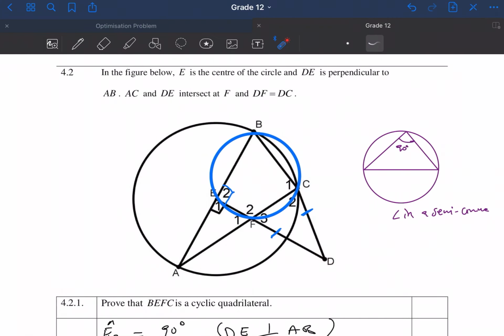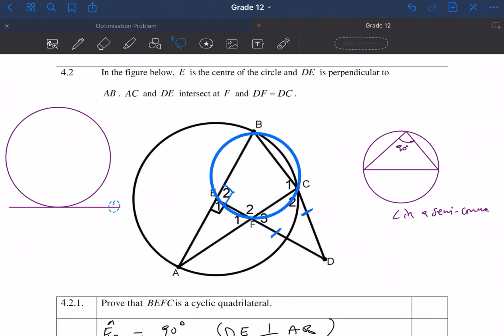Okay, let me give you a revision of a theorem. Let's say you have a circle, and then you have a tangent. A tangent is a line that touches the circle once. That's the definition of a tangent.